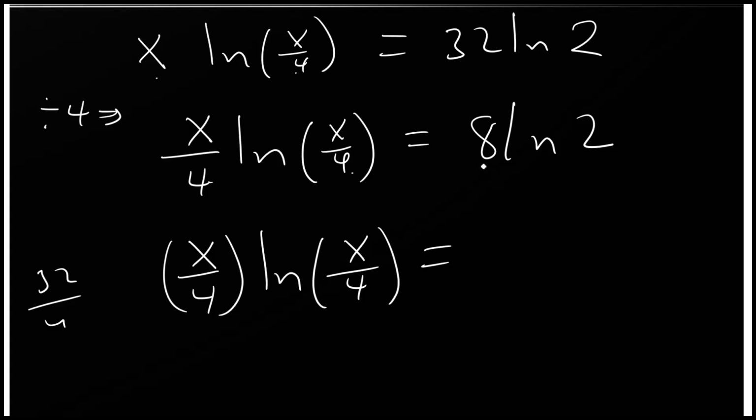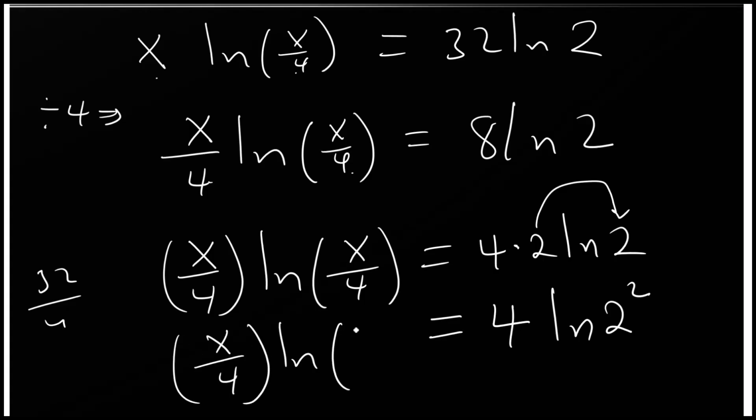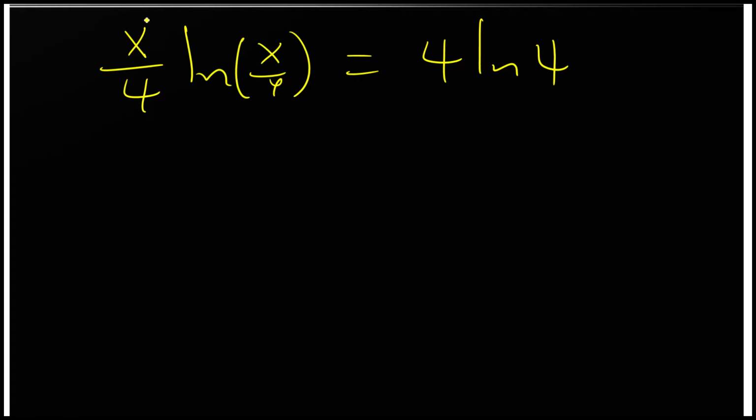So now let's change this one. Okay, 4 times 2 is 8. All right. And this one can come here. So we have 4 ln of 2 to the power 2, equals x on 4 ln of x on 4. So what do you see here? Let me change the color.